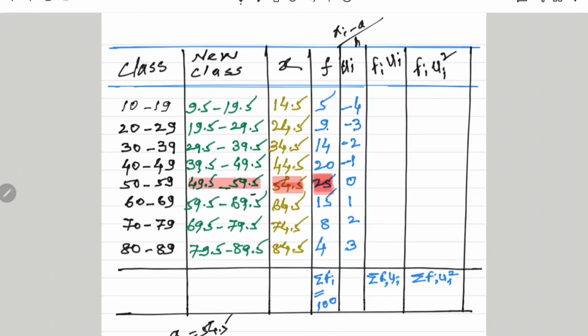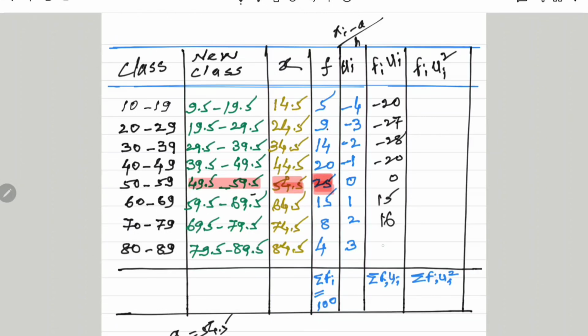Then the product of f into u. Therefore 5 into minus 4, we get that value as minus 20. 9 threes are 27 with a minus sign. 14 into minus 2, minus 28, minus 20. Next one is 0. 15 into 1, we get 15. 8 twos are 16.